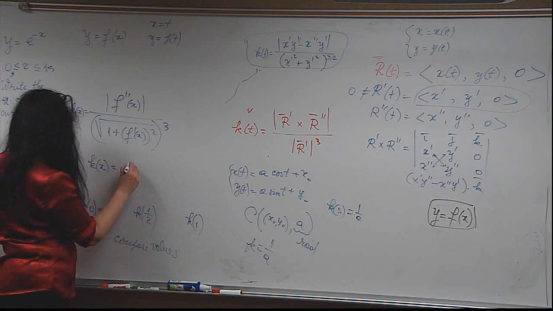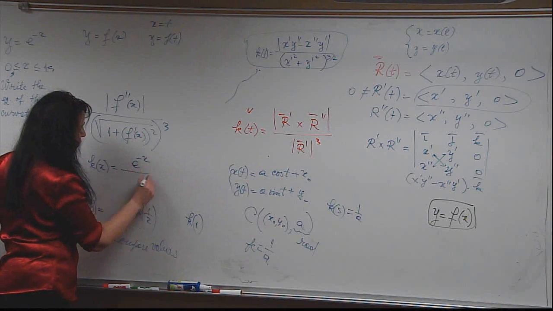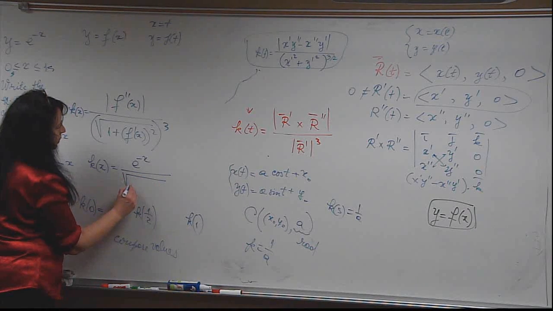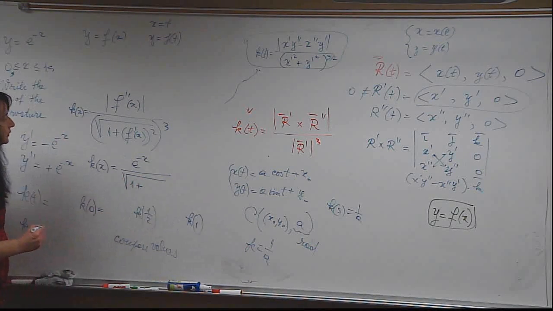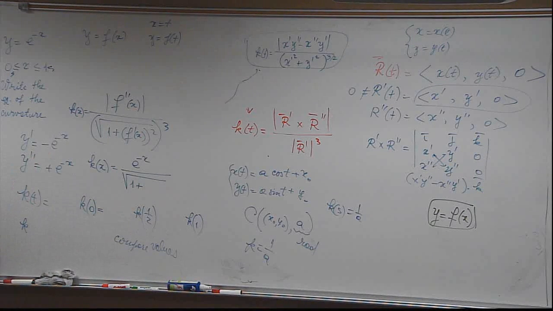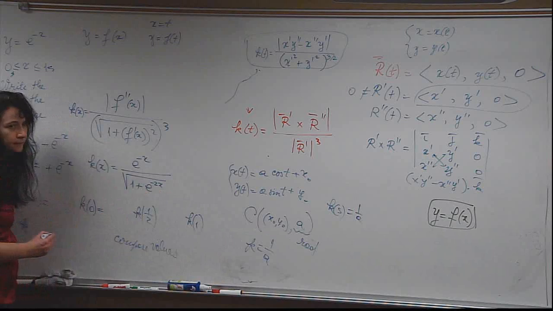So you said you helped me on that. The minus x over the square root of 1 plus... Right, so can I write this a little bit differently? I don't want to square e to the minus 2x. Can I do that?